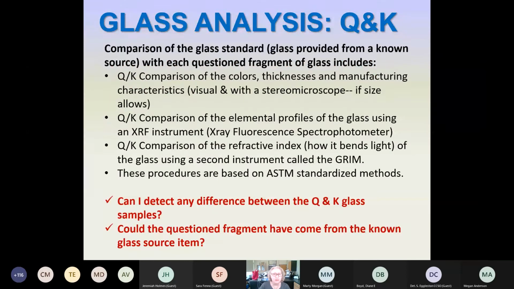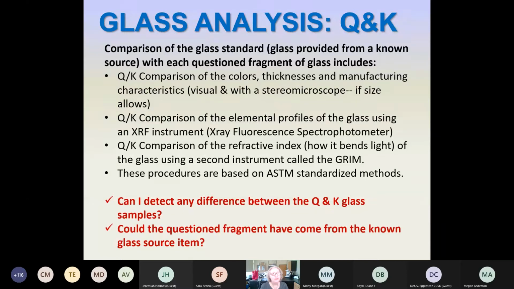So after we have screened the evidence and we have found question glass, we are comparing that question glass with the glass standard that the agency has provided to us that came from a known broken source of glass. We start with a Q to K comparison of the macroscopic or larger features of the glass.